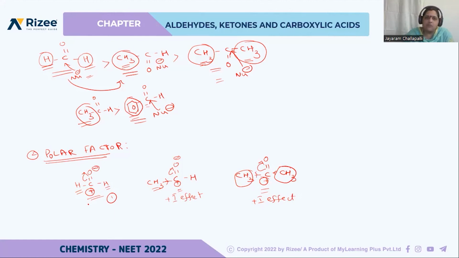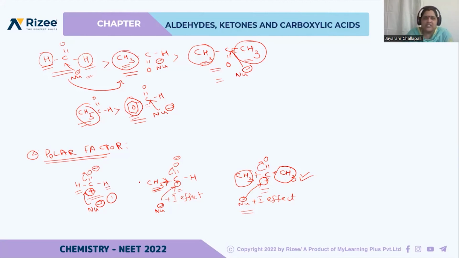So in the formaldehyde case, the electrons are obtained from the nucleophile very easily. Whereas in this case, electrons are already given by the methyl group, and it is not at all going to allow the nucleophile to come and add to this one. And in this case also, the two bulky methyl groups are giving electrons to the carbon atom, so there is no need of getting electrons from the nucleophile.